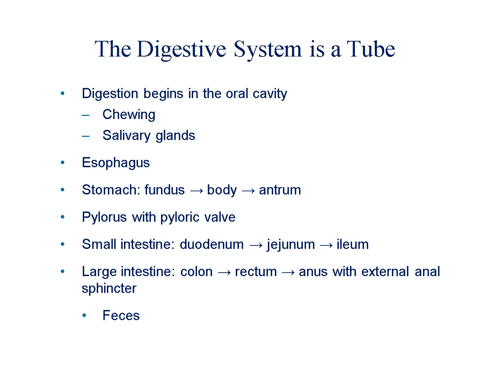The stomach is divided into three main regions: the fundus, body, and antrum. Here, food is mixed with gastric juices, including hydrochloric acid and digestive enzymes, which further break down proteins. The pylorus, controlled by the pyloric valve, regulates the passage of partially digested food into the small intestine.